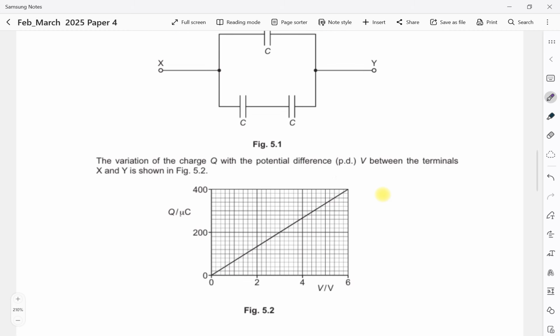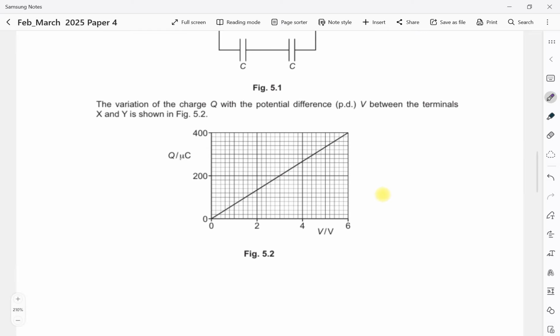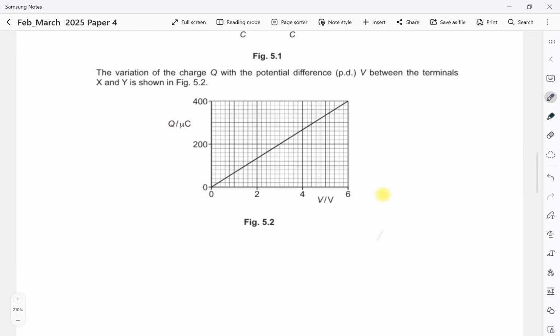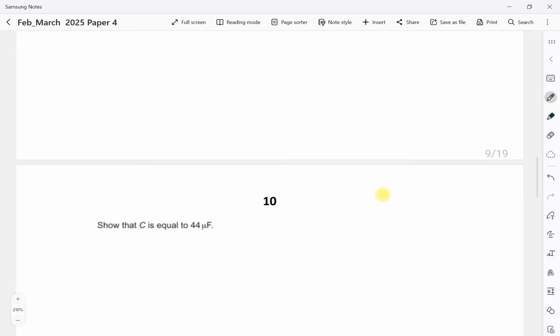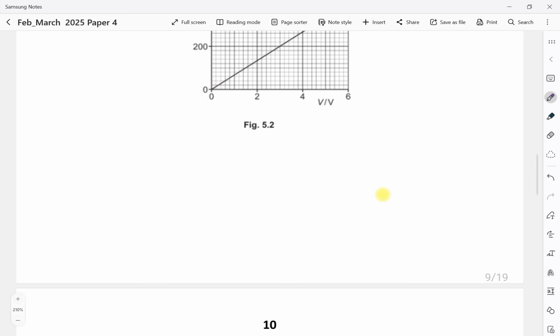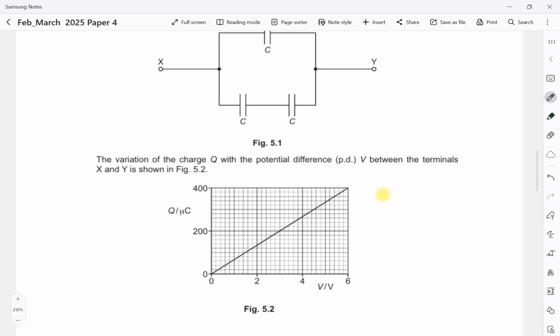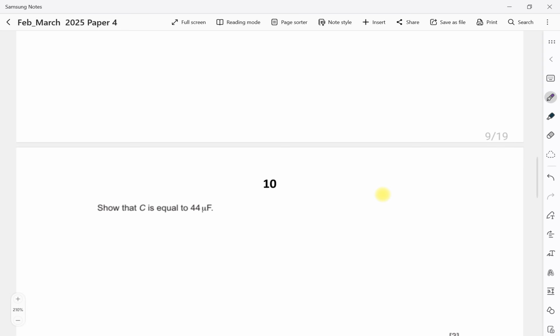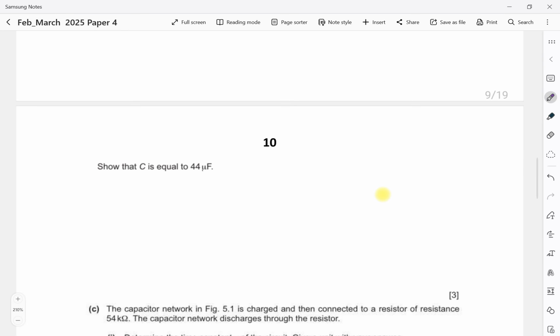The variation of the charge Q with the potential difference V between the terminals X and Y is shown here. So Q against V is indicated here. Show that C is equal to 45 microfarads, so that the capacitance of just one capacitor is 44 microfarads.